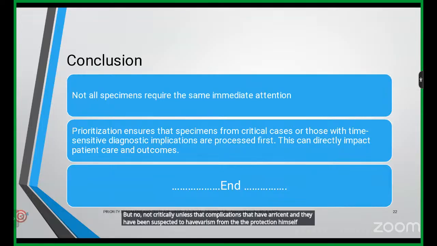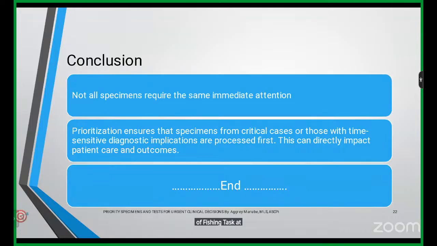Maybe due to the clinical state of this pregnant mother, due to hepatitis, it can be handled as a critical value. So it depends on the nature of the patient. As I stated earlier, some indicators can inform us of the prioritization category.